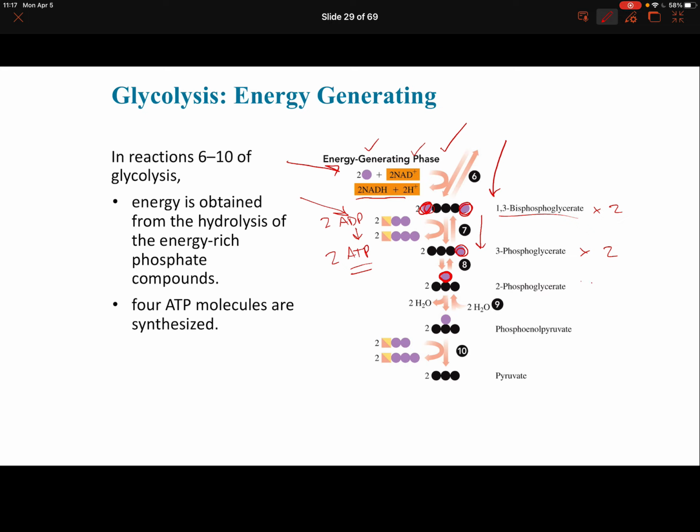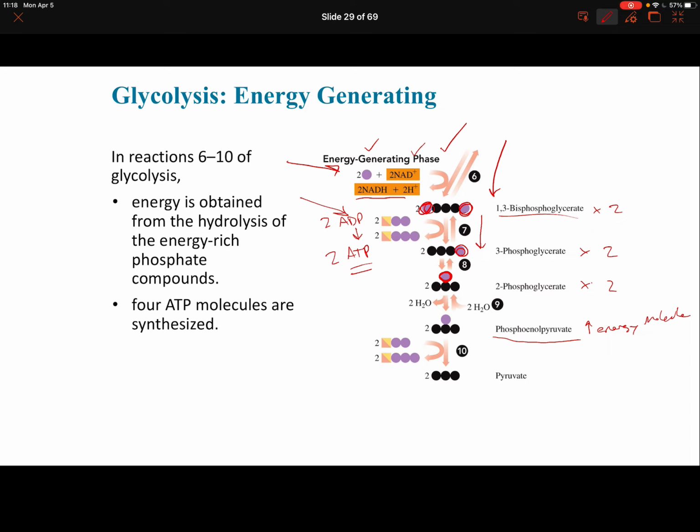So we have two of these 2-phosphoglycerates. We're going to use some water here to do some rearranging, and we're going to take 2-phosphoglycerate and make phosphoenolpyruvate. Phosphoenolpyruvate is another high energy molecule.